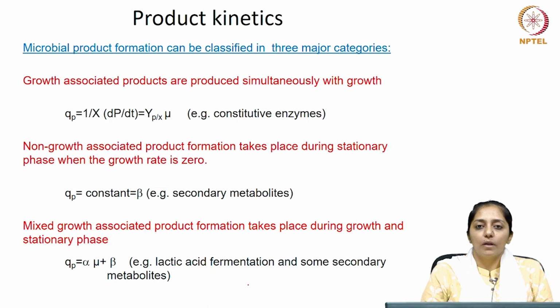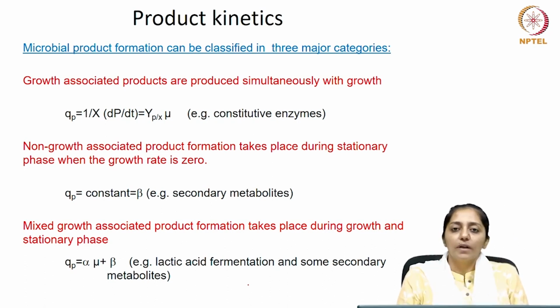One of the well known model equations is called the Luedeking-Piret equation, which can very well demonstrate growth associated and non-growth associated product formation rates. So, product kinetics in microbial fermentations can be classified into three major categories. The growth associated products, which are produced simultaneously with growth, for example constitutive enzymes.